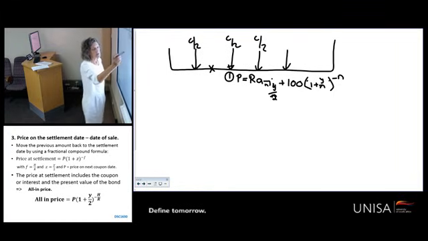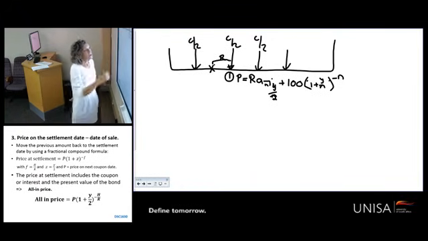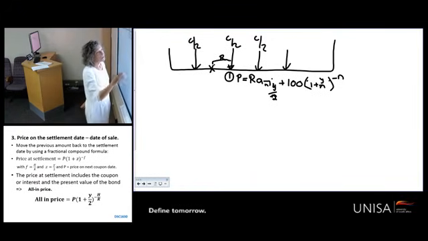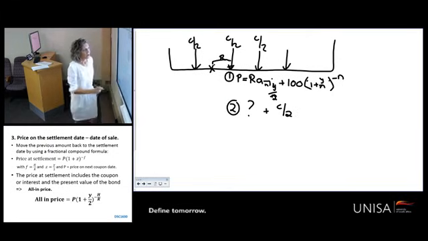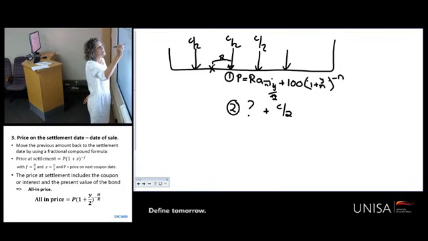Then next we decided whether this C over 2 is included or not, depending on the number of days between our settlement and our next coupon date. So it might be that we've added another coupon, the second step: do I add a coupon, yes or no? And that then gives us our price over here.